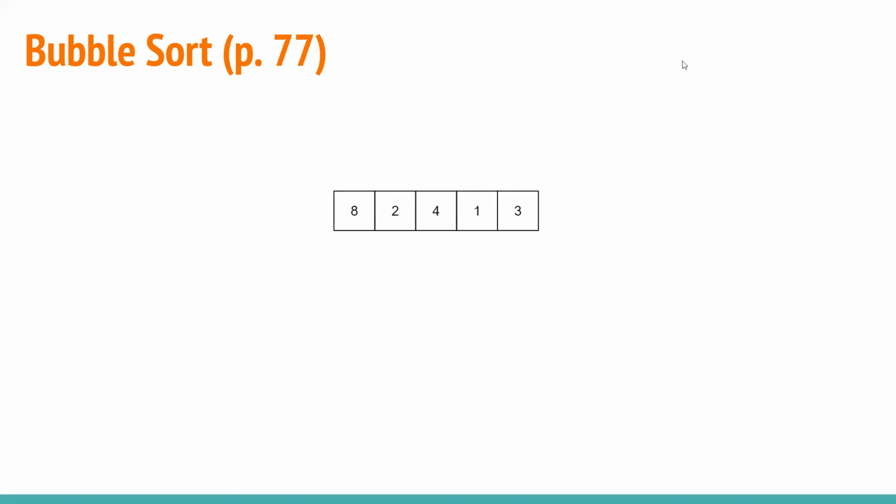We are going to start with this array over here. You can see I have an array: 8, 2, 4, 1, 3. If I ask you as a human to sort this array, it's very easy. You can see intuitively that sorted in ascending order, it would be 1, 2, 3, 4, 8.